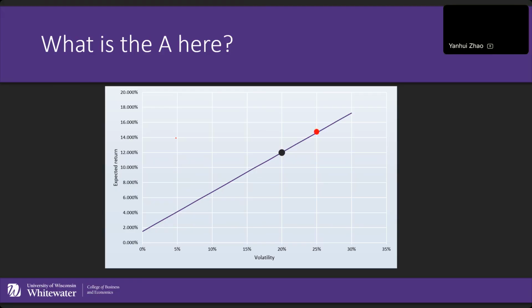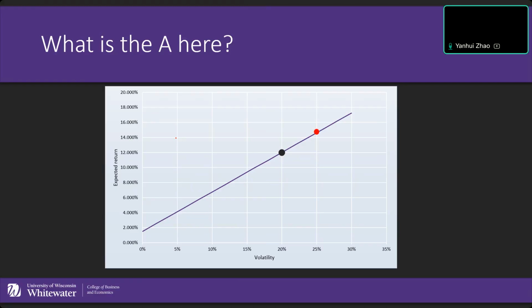So what is the A here? Look at the portfolio here. The volatility of the portfolio is 25%, right? The volatility of the portfolio equals weight 1 times sigma 1.